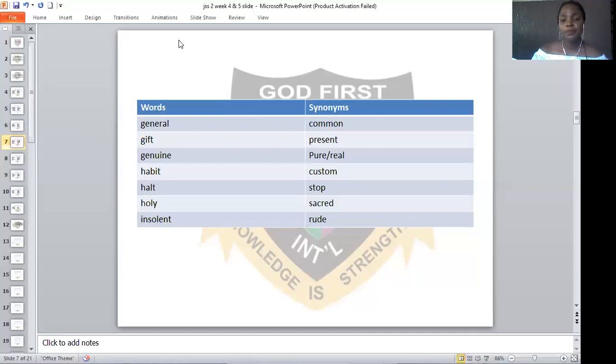Holy. He is a very holy clergy. So the synonym for holy here is sacred. Insolent. She's a very insolent student. What does it mean? It means to be very rude. She is a very rude student.